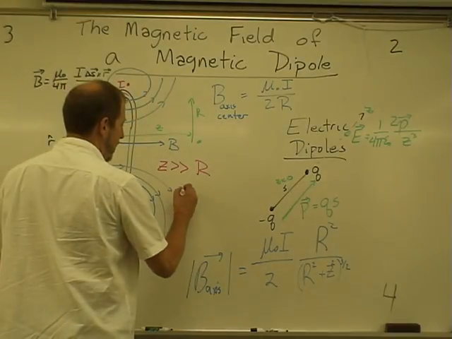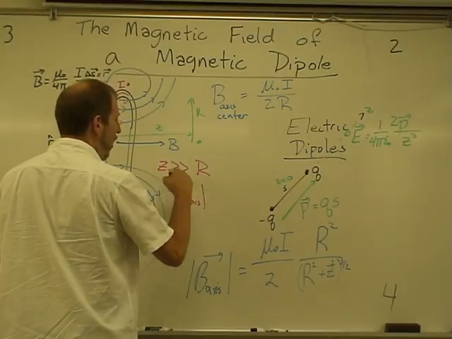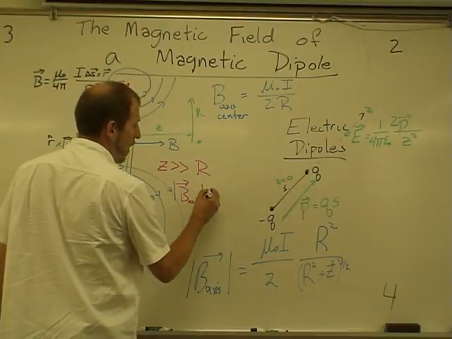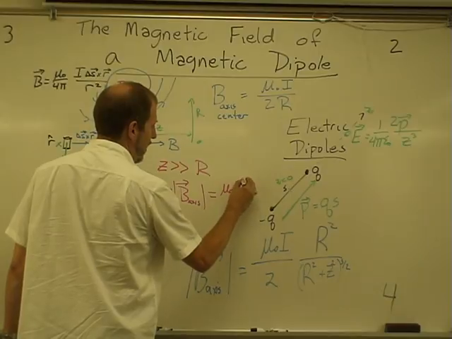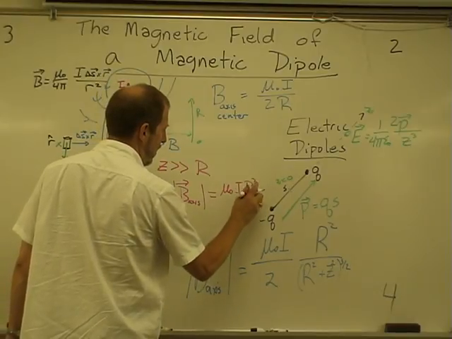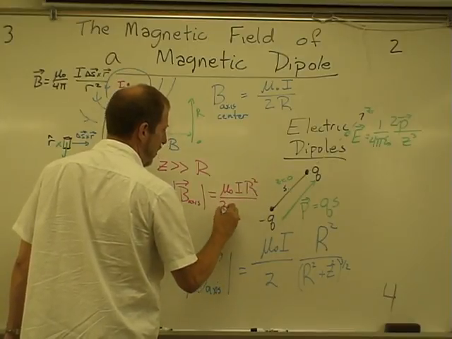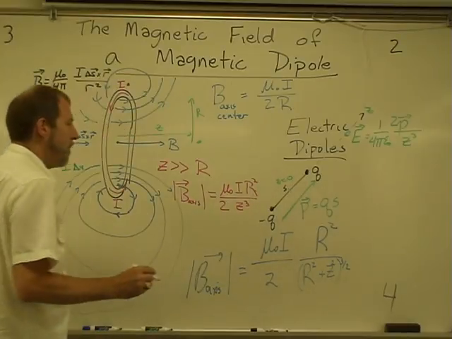And so at that point, the magnetic field on axis, on a scale where z is much larger than r, becomes mu naught I r squared over 2 z cubed.